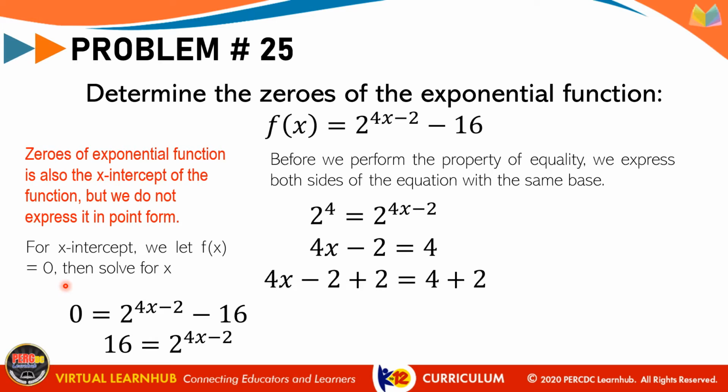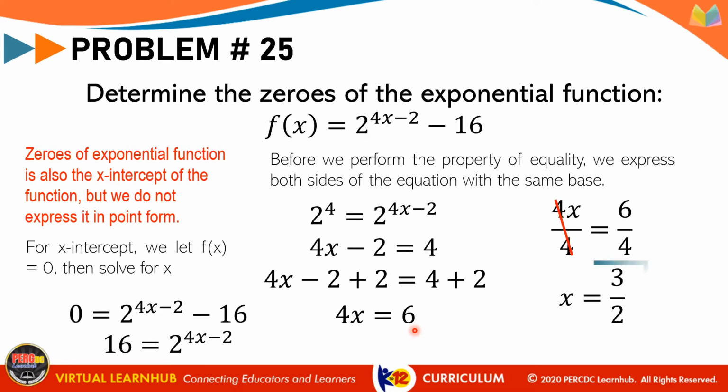By property of equality, we add positive 2 to both sides; negative 2 plus positive 2 is 0. So we have 4x equals positive 6. We divide both sides by 4, giving us x equals 3/2.